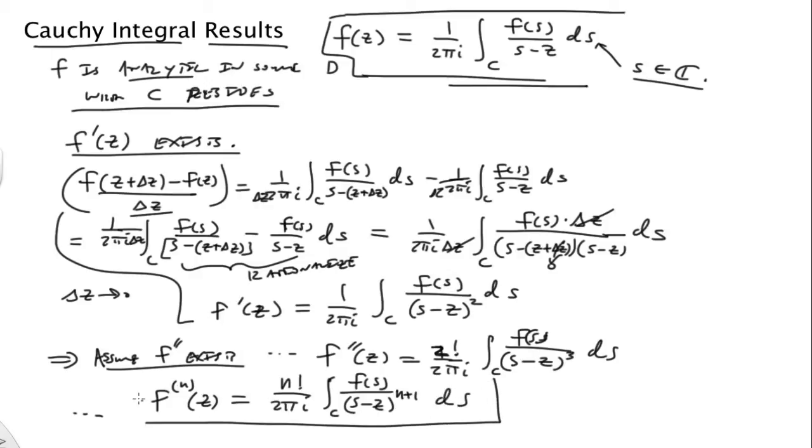Okay, so that's great. Now we have a bunch of nice ways of representing this function. So the question then is, we have this nice way of representing higher order derivatives now.